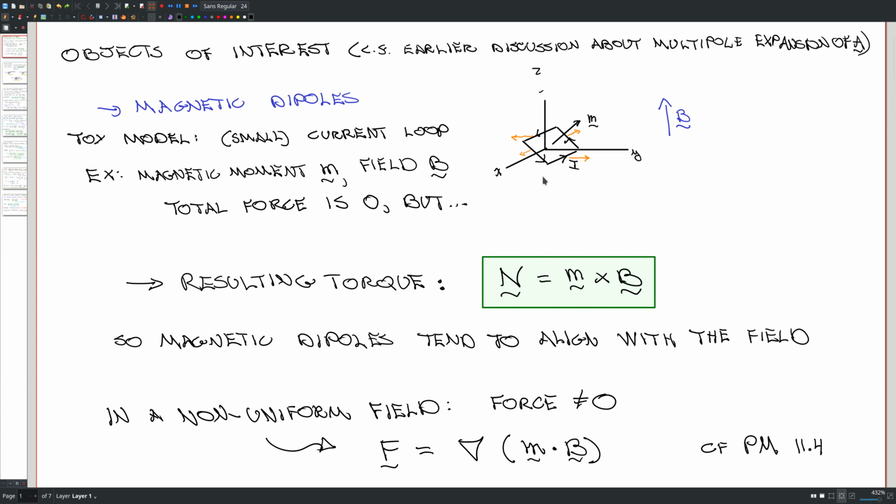And this resulting force would then depend on the derivative of the field in the z direction, in this case, or even in the other directions. So in the case of a non-uniform field, you can look at the details of what the force is, and it is just the gradient of m dotted into B.